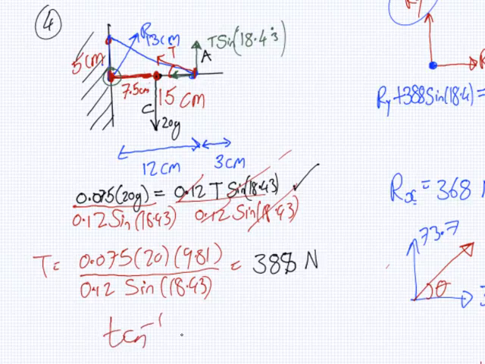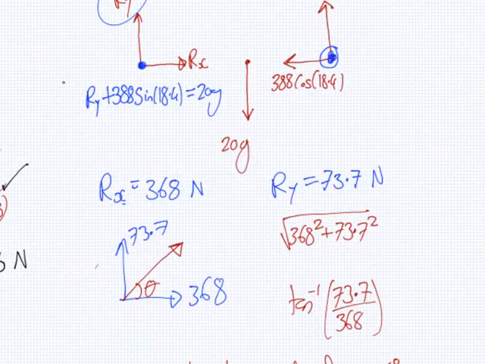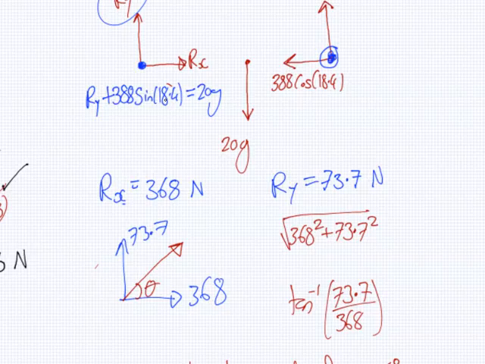It should have been tan inverse 5 over 12, because the triangle is 5, 12, and I looked at it as 5, 15. Now that's not a big problem. It just means that all the angles change. The answer's wrong, and the reason it's wrong is because the angle is wrong.